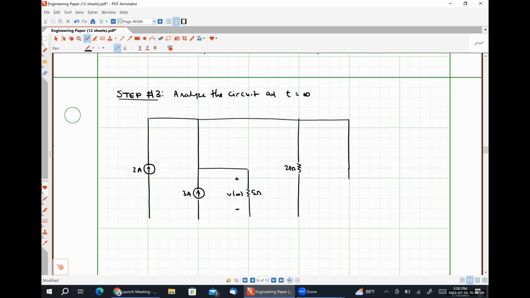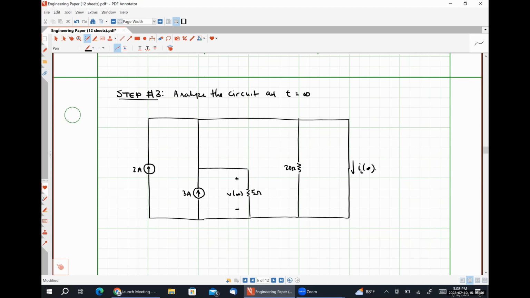Because we're at t is equal to infinity, we have hit DC steady state again. Okay, so at t is equal to infinity, our circuit is at DC steady state, which means we replace our inductor with a short circuit. Here is our current IL at infinity. So how can we solve for either of these quantities?